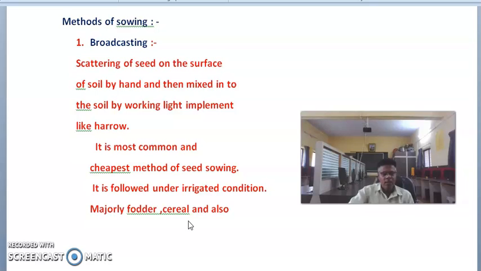Sometimes cereal crops like wheat seeds are also broadcasted into the field after the drilling of seeds. This is the most common, popular and traditional method of seed sowing.